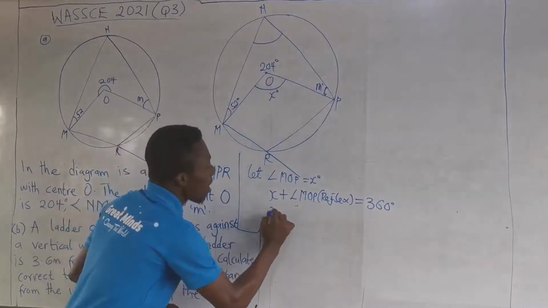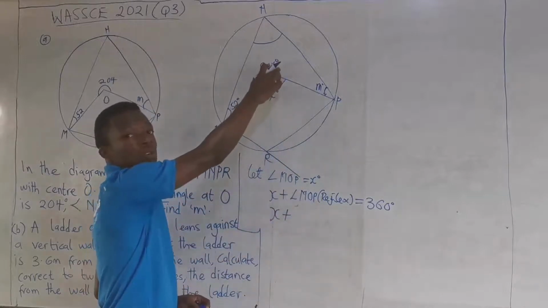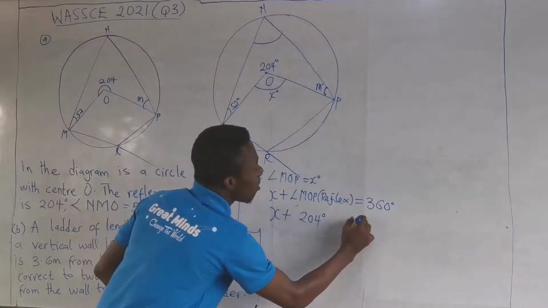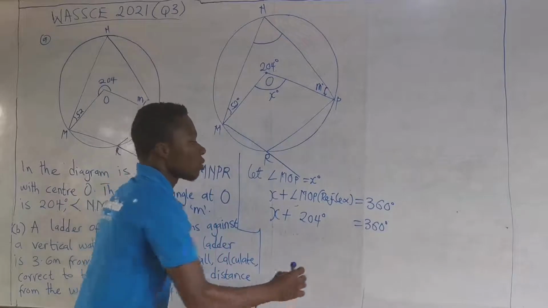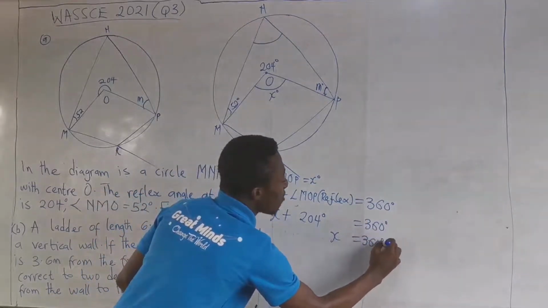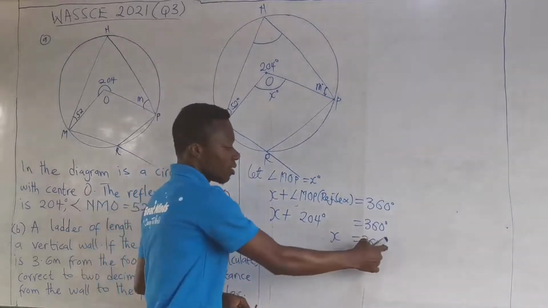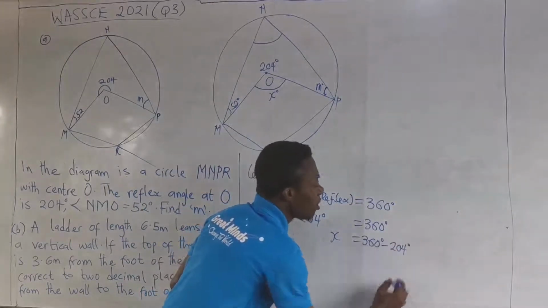So now, I have my reflex angle as 204 degrees. So x plus 204 degrees equals 360 degrees. We just need to solve for x. The positive 204 degrees, when it moves across, becomes negative 204 degrees.